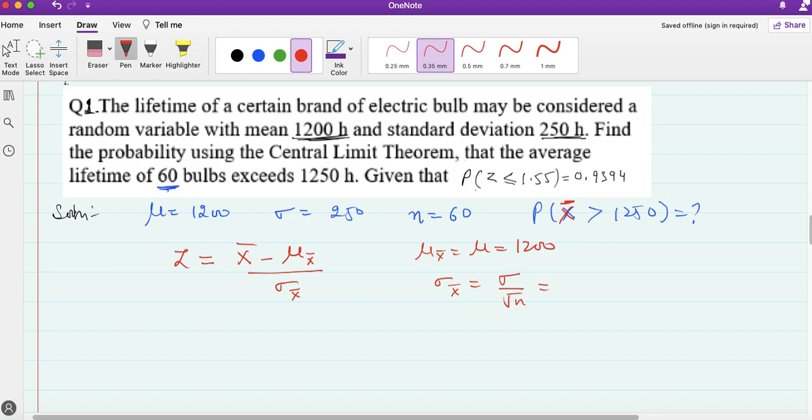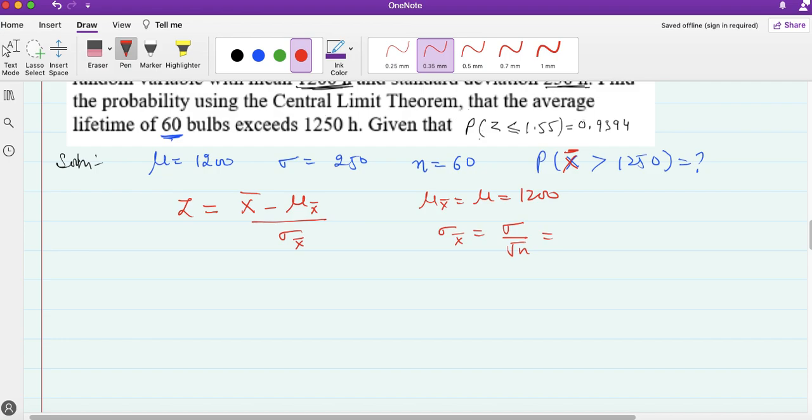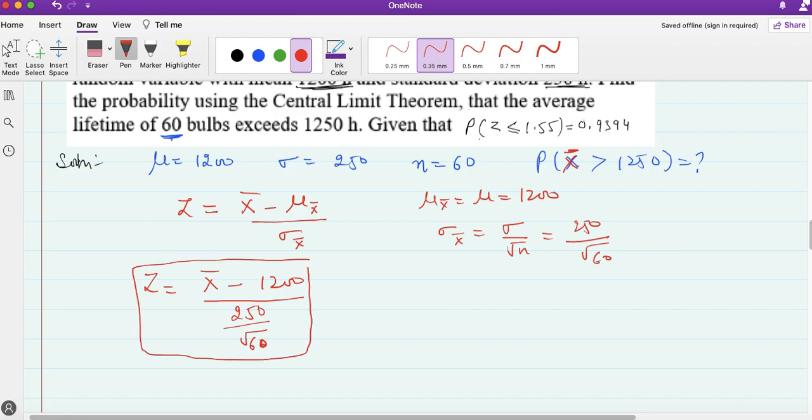So let us plug in the formula. We get x bar minus 1200 over 250 divided by root of 60. We plug in all the given values so that only the variable is left. So in this question our z is written in this manner.